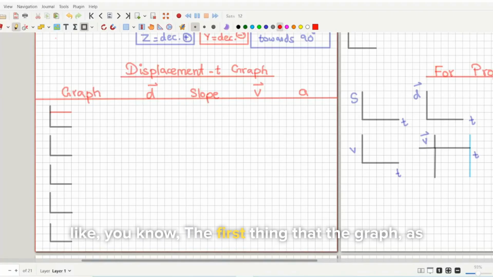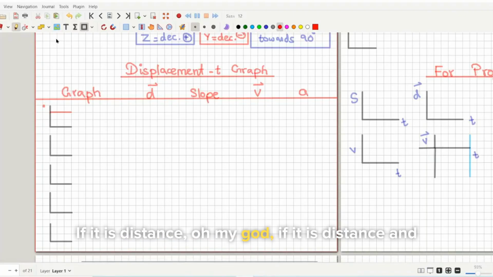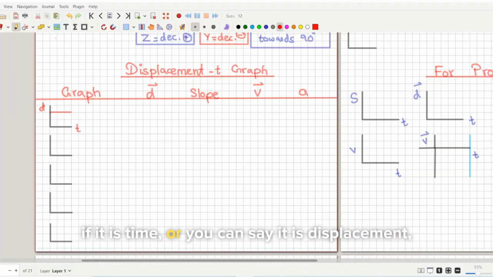The first graph, as you can see, is simple. It is a straight line. It is not moving anywhere at all. What does it mean? If it is distance and time, or you can say displacement, sorry about that.